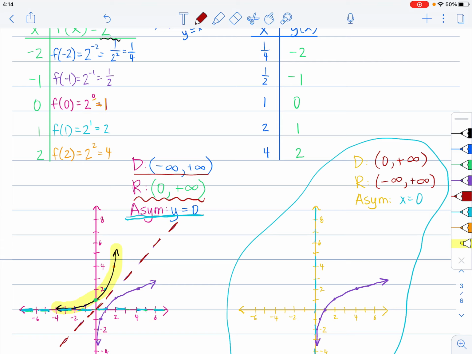We have a vertical asymptote there, which is a restriction on our domain. And so we're just going to say, note: f of x equals log base b of x has a restriction on the domain.